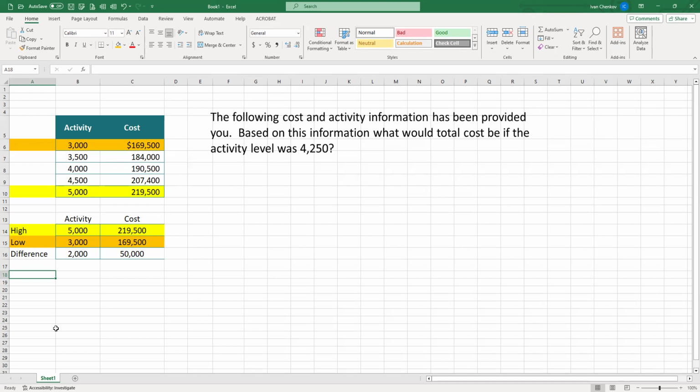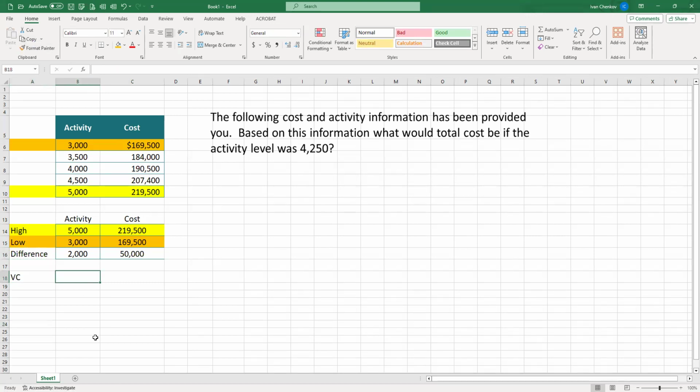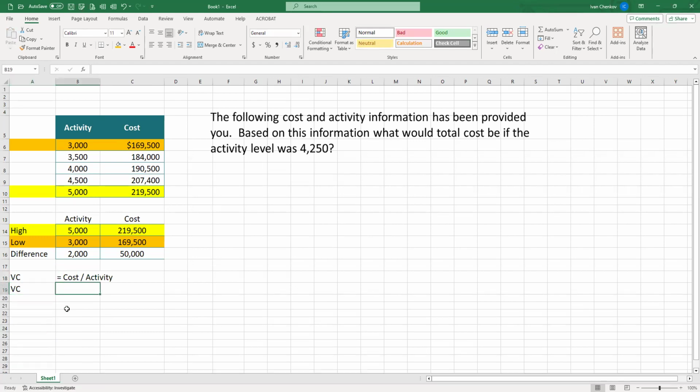The variable cost will be the cost divided by the activity. I'm going to get $25.